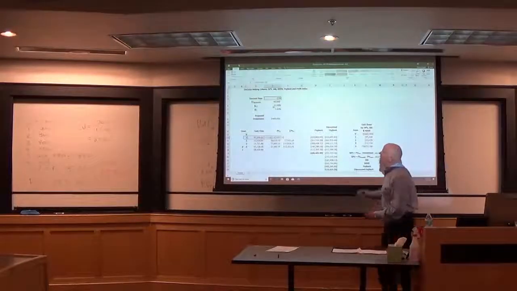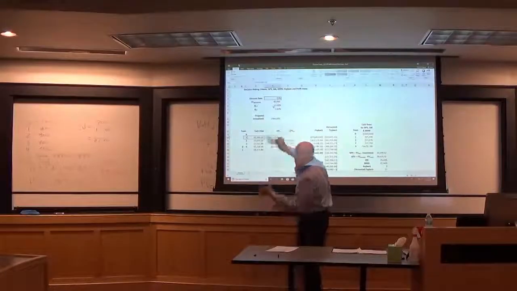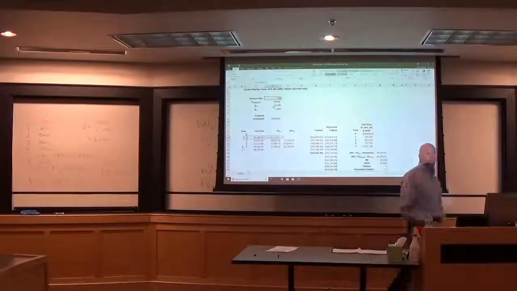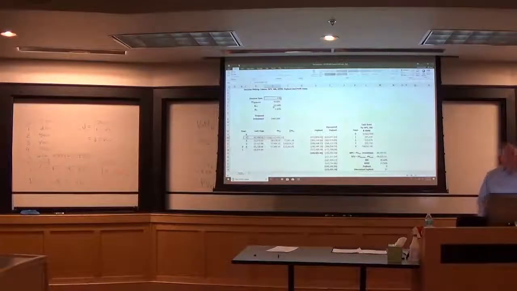So I can easily change any of my inputs up here and it's going to change the whole thing. Okay? That's a model. You're not continuing to program and you don't put any real numbers in the cells. You put formulas.